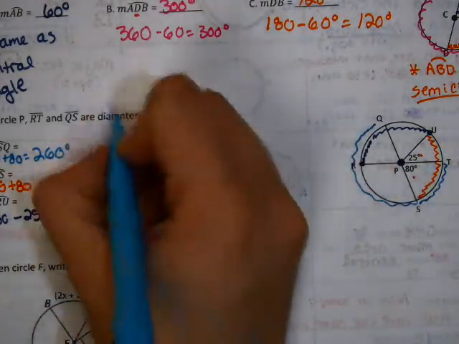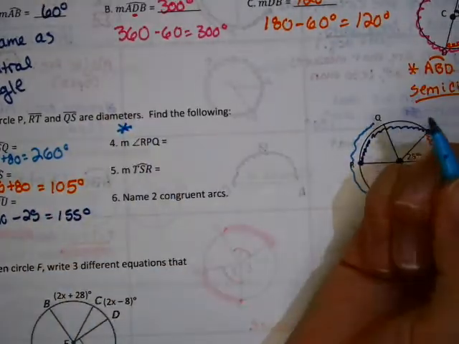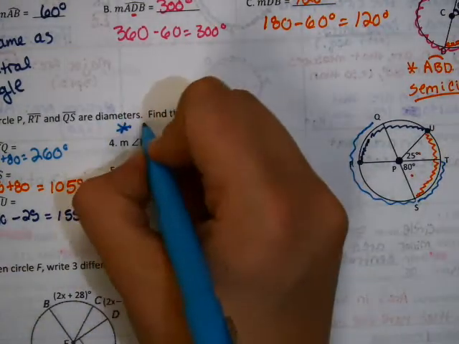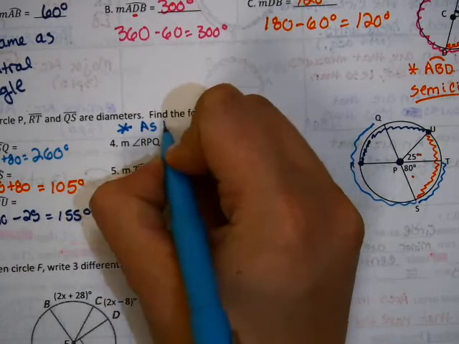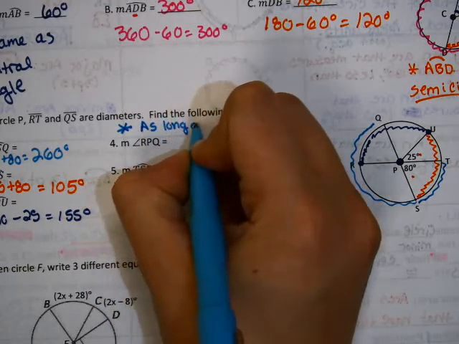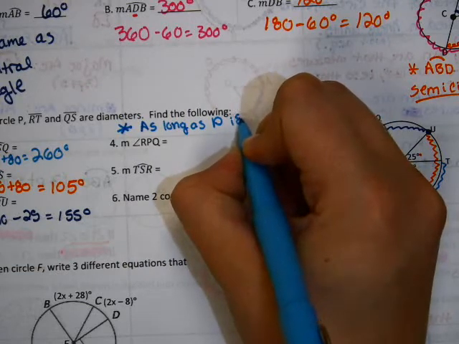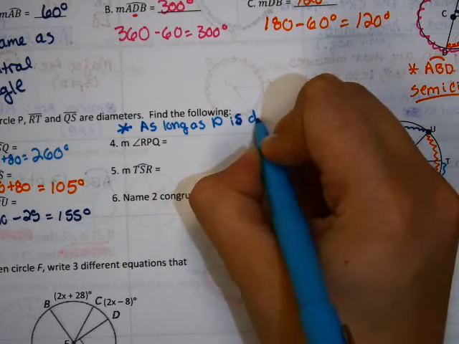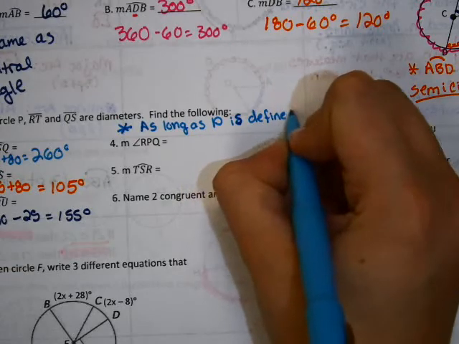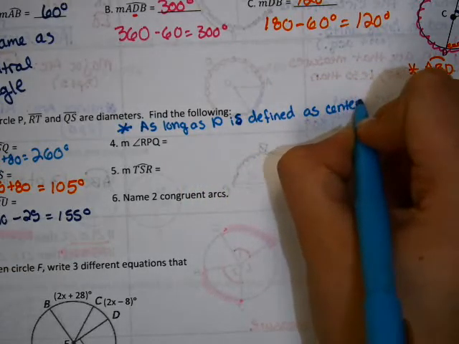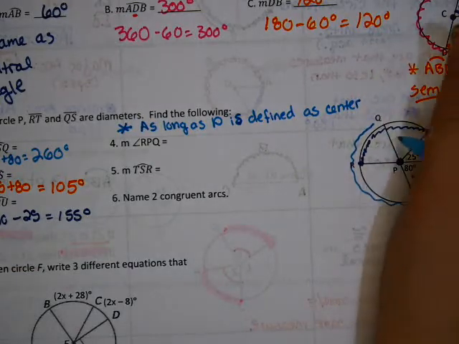All right, large note here. Earlier we talked about P being the center. As long as P is defined as center, then we can use vertical angles.